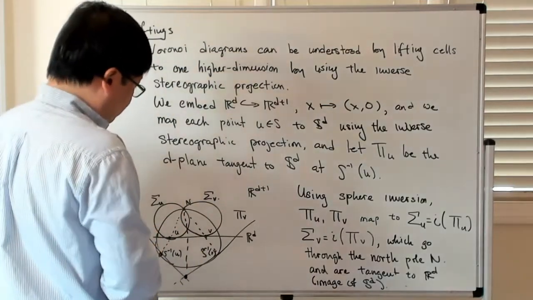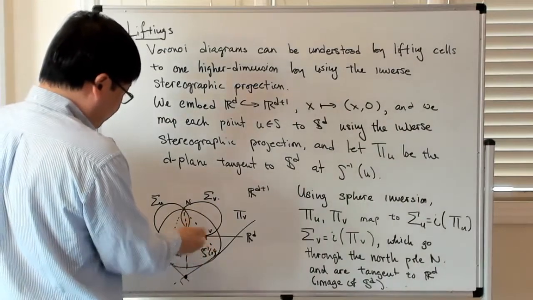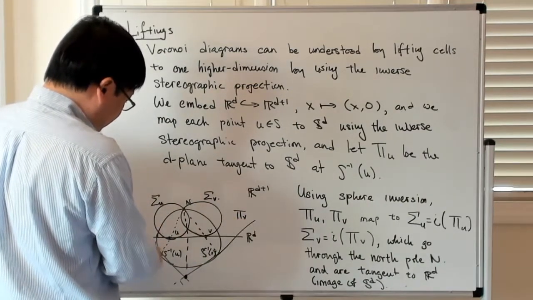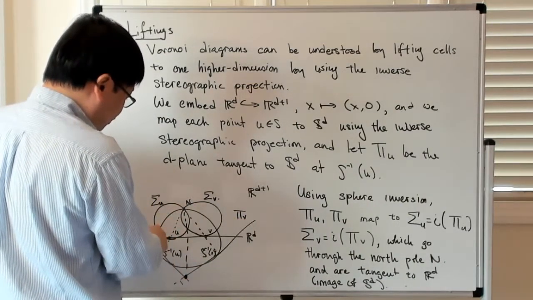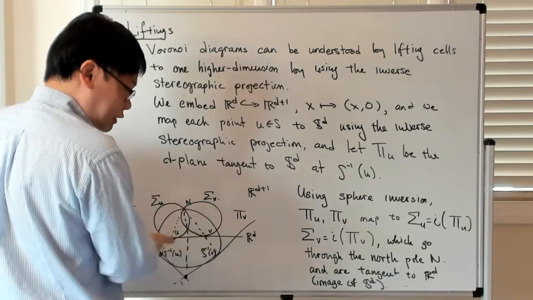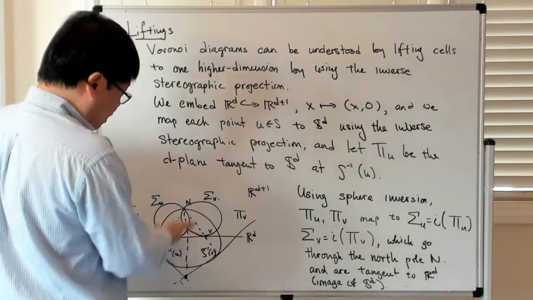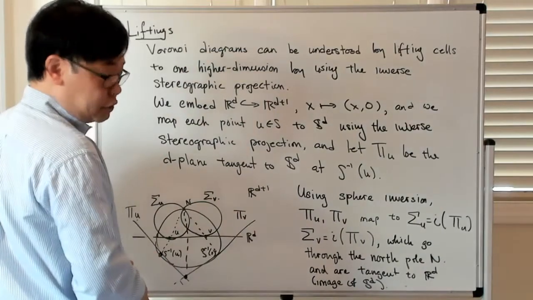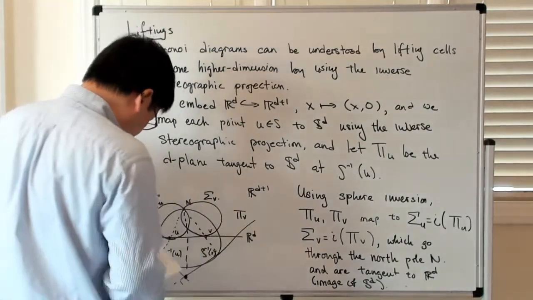So essentially the sphere gets mapped to the plane, this hyperplane gets mapped to these circles, and they still maintain this tangency relationship under sphere inversion. Okay, so that's where all of this is coming from.